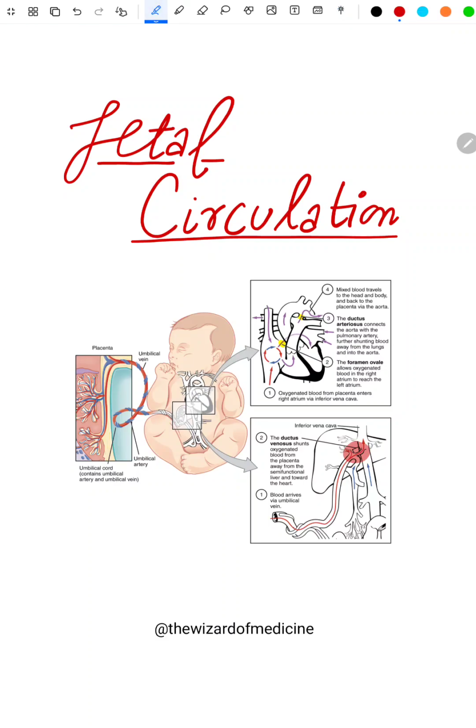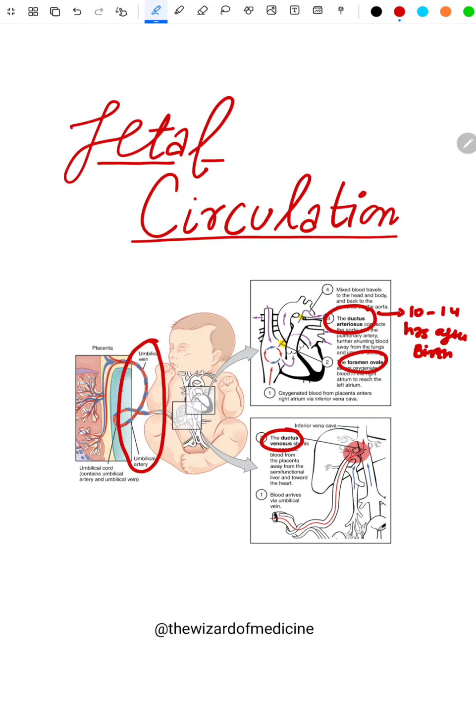The umbilical vessels, the ductus venosus and the foramen ovale close soon after birth. But the ductus arteriosus will close 10 to 14 hours after birth.